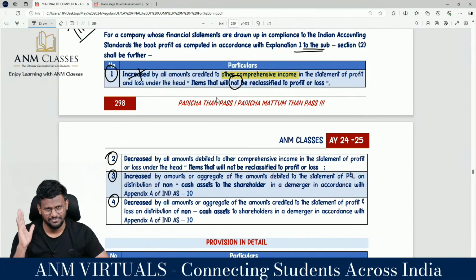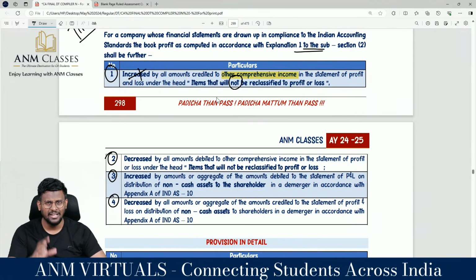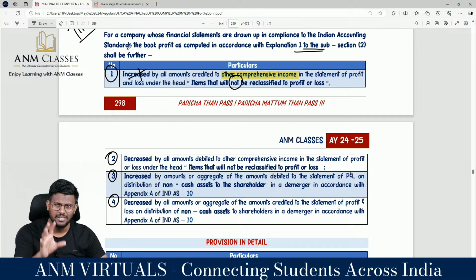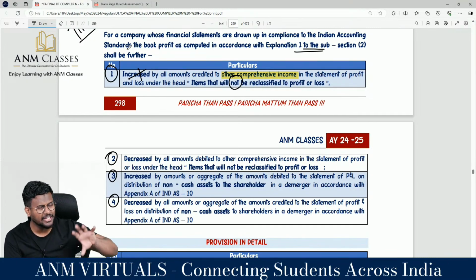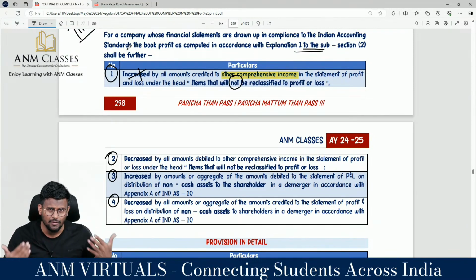Items that will be reclassified automatically come to the P&L account, so it's only a timing difference. You need not adjust it in MAT, because it will automatically come in the credit side or debit side of the P&L account in future years, so net profit and book profit will automatically increase.